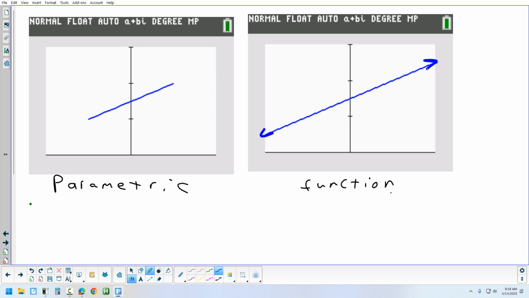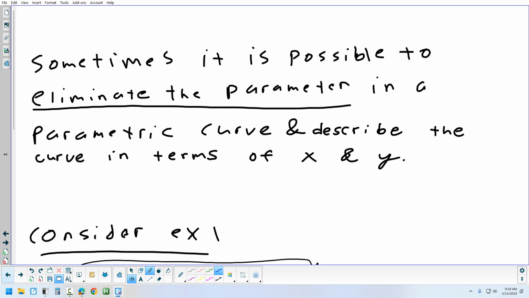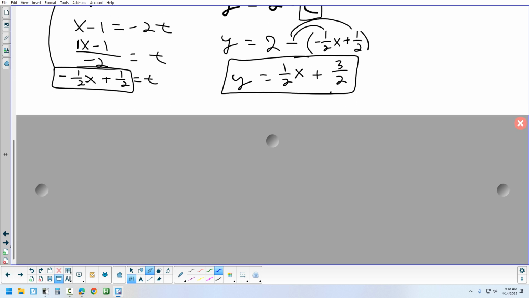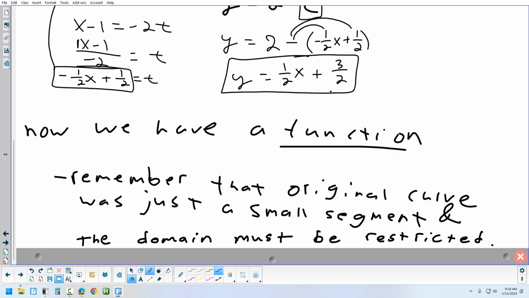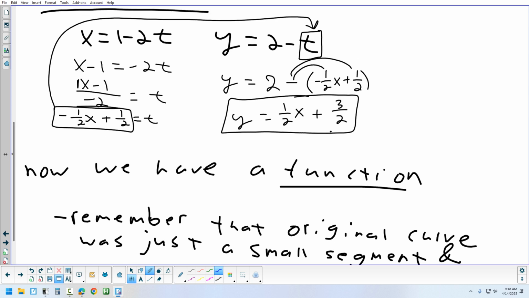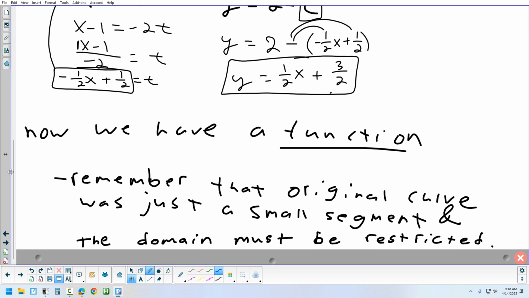So we don't even want it to draw it. What we have to do is control where it starts and where it stops. So when you rewrite it as a function, you have to restrict the domain. What do you have to restrict the domain to? Well, look at where the start point and the end point was. That's what's going to tell you where to restrict it.